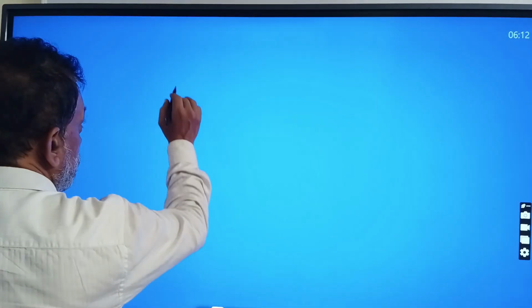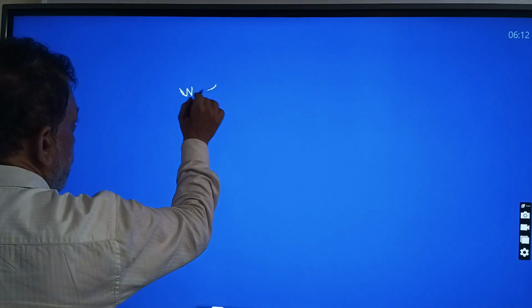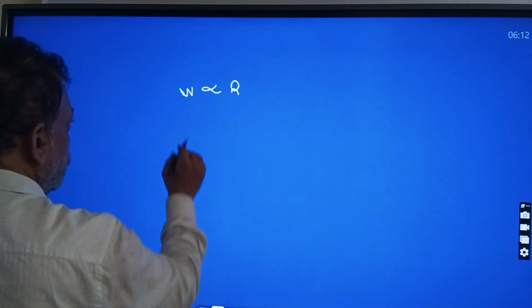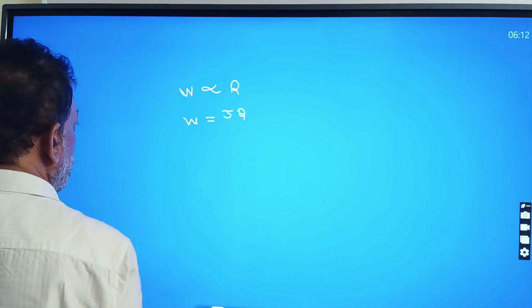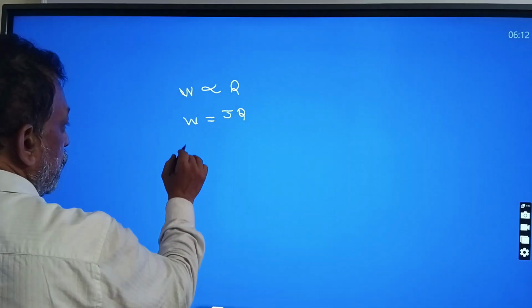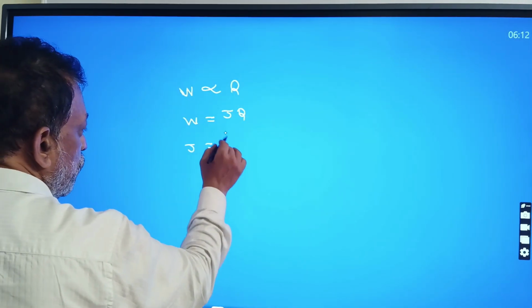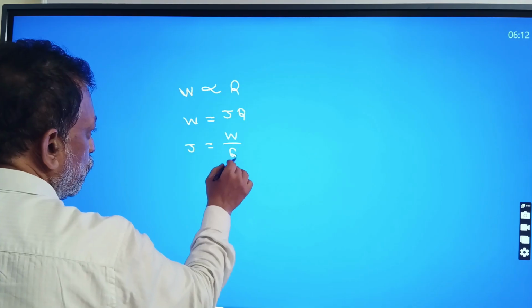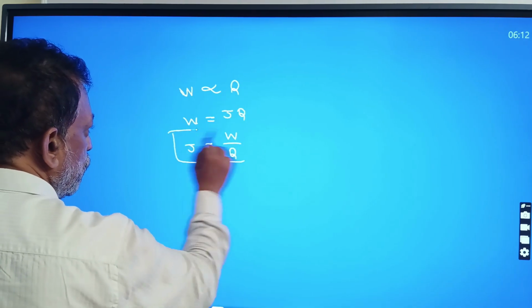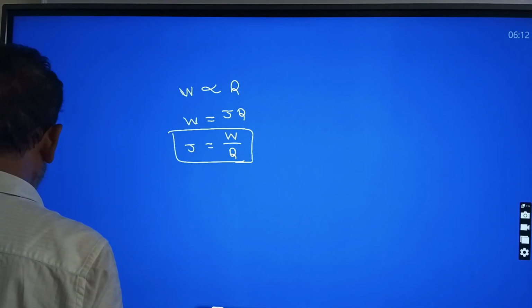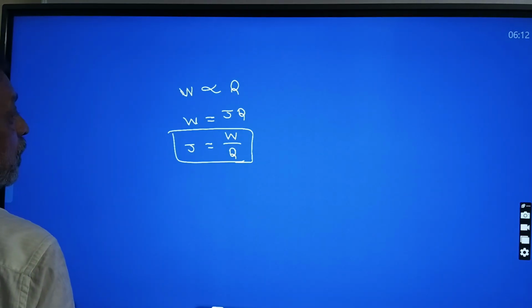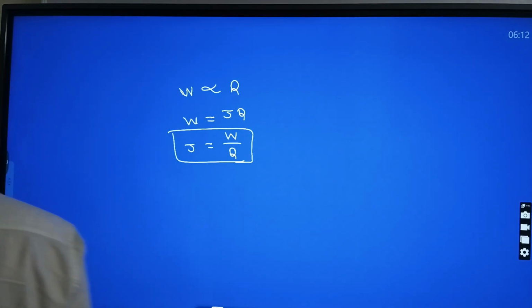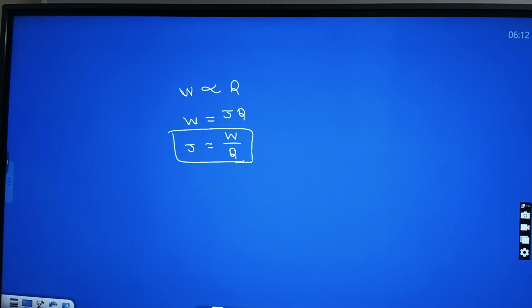That is, work done is directly proportional to heat produced. Therefore, work done is equal to some constant, Joule's constant, into Q. So J is equal to work done by Q, where J is the mechanical equivalent of heat.